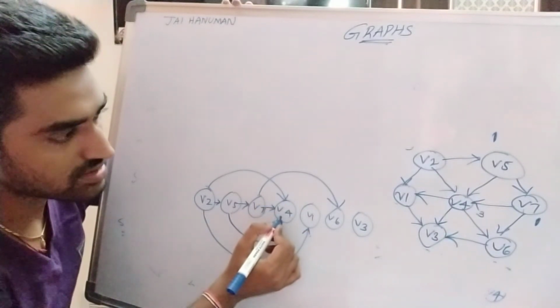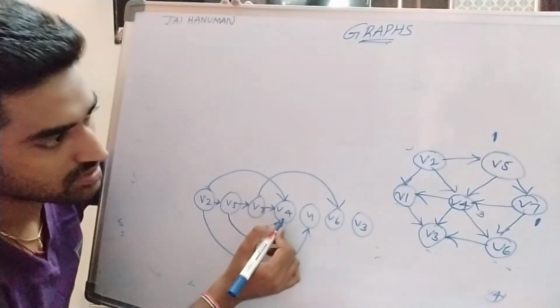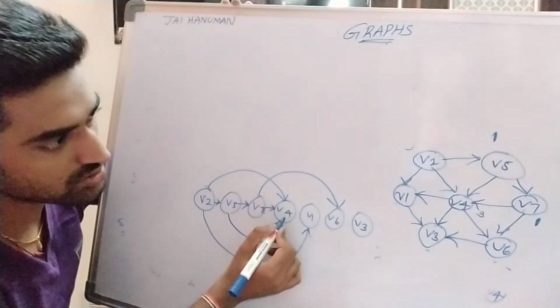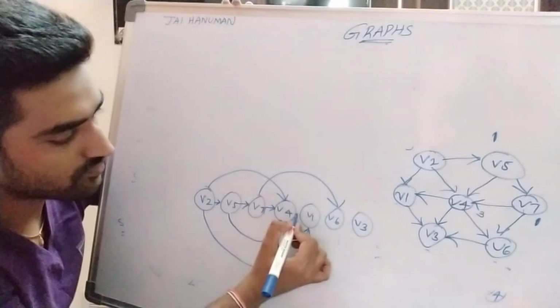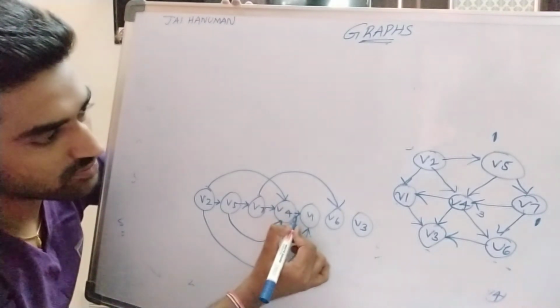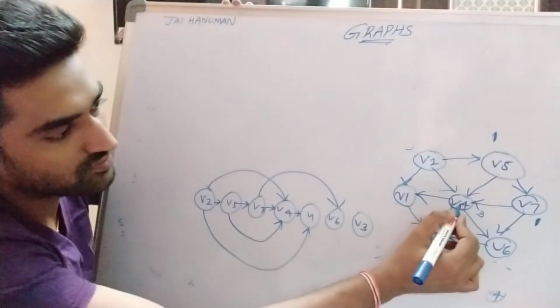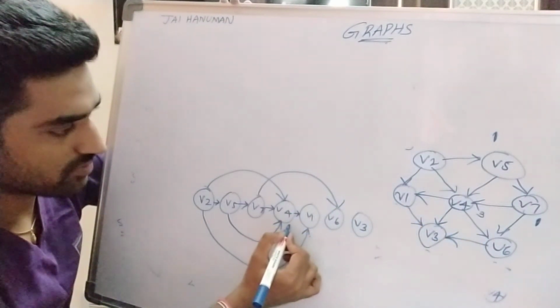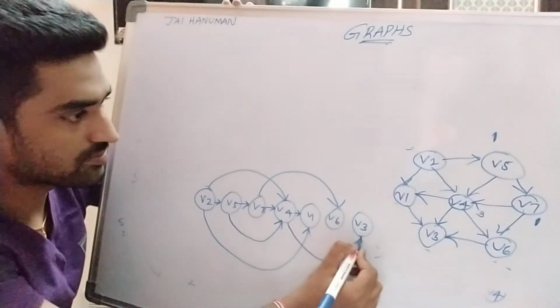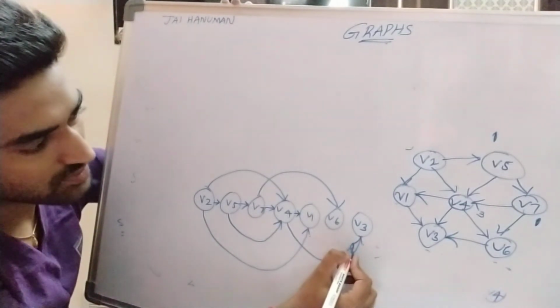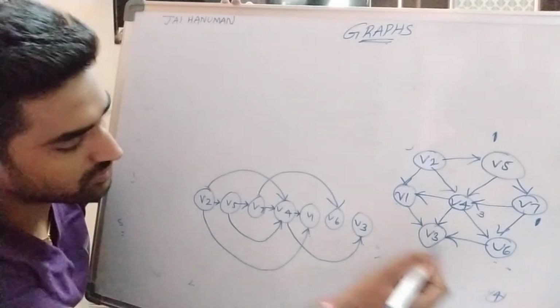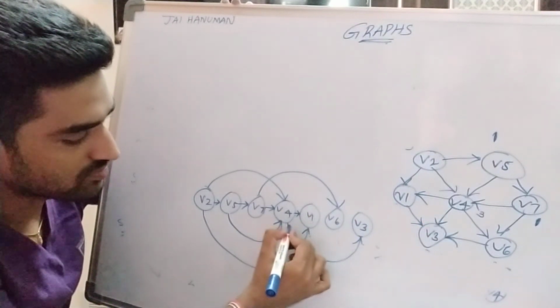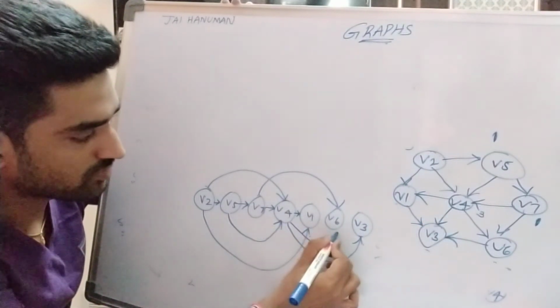Then what are the possible connections in between V4 to remaining vertices? V4 to V1, V4 to V3, V4 to V6.